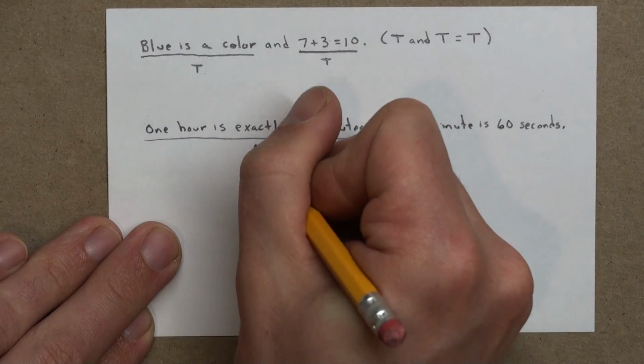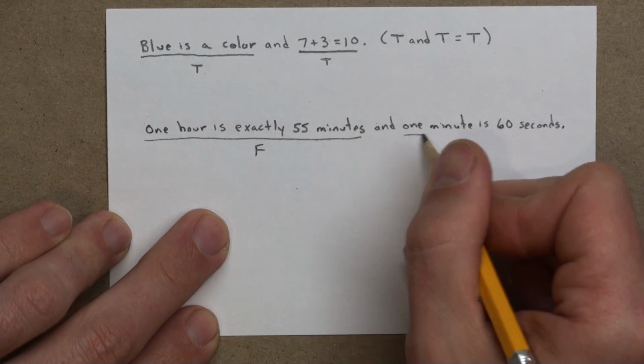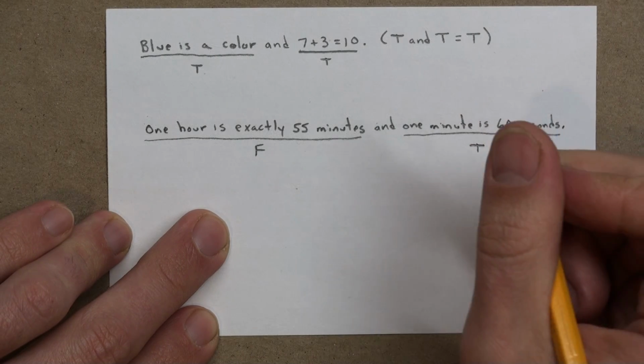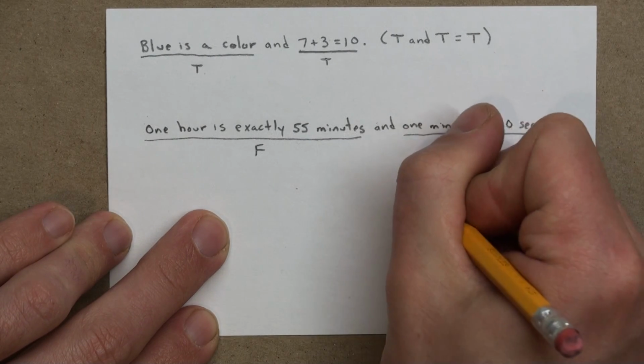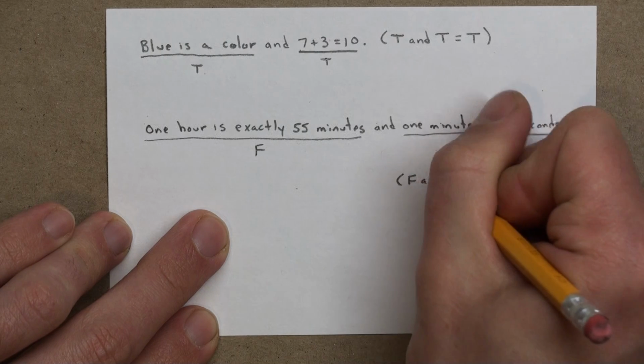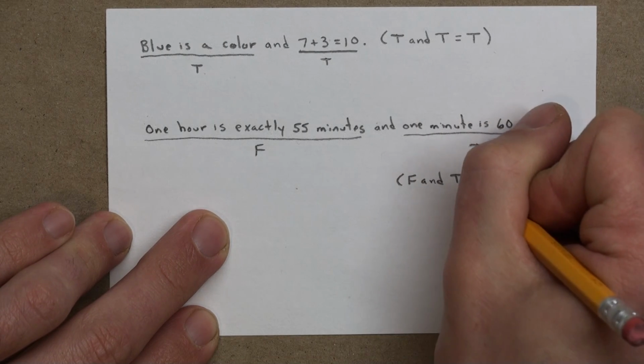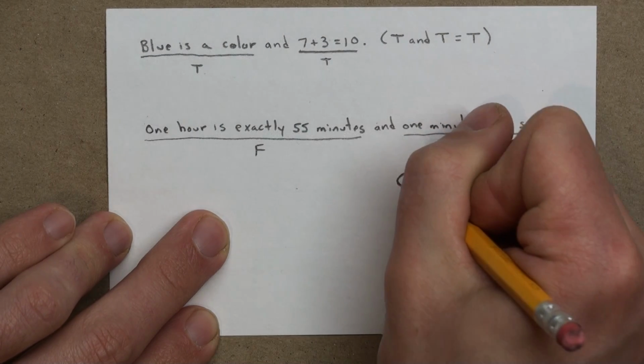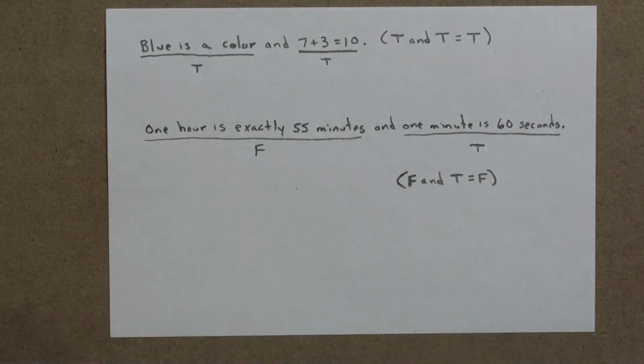Well, we know this part is false and this part is true. So F and T is false. Since they're both not true, the whole statement is false. Okay?